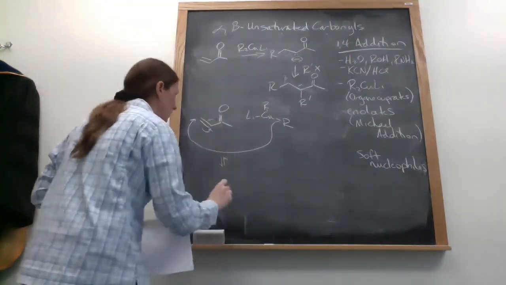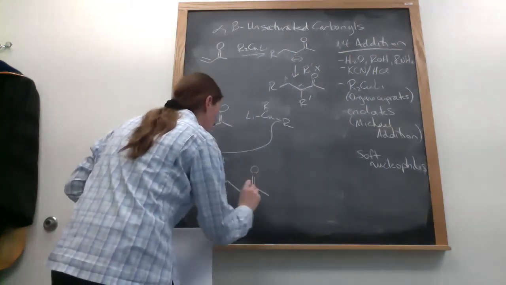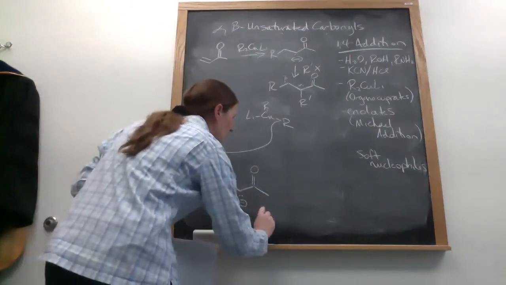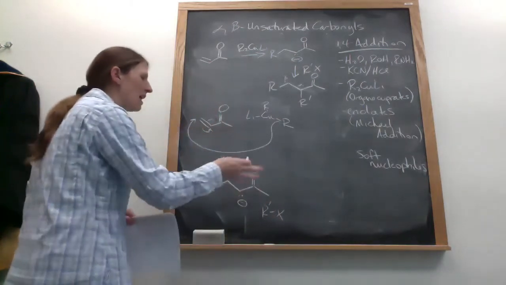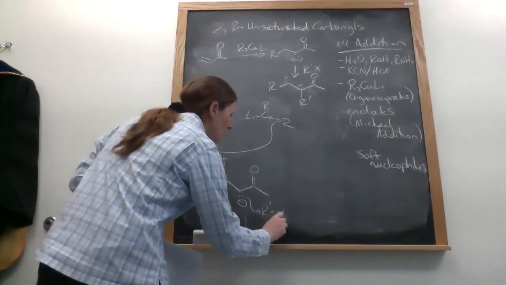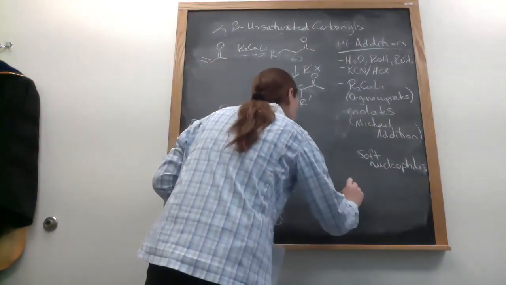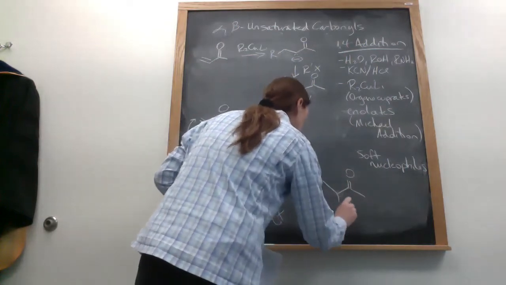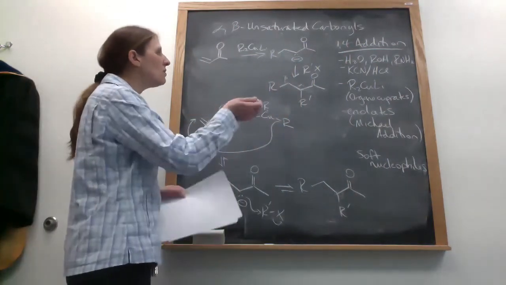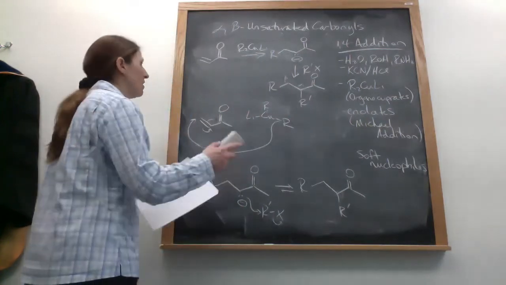If I draw this way, that's going to generate the enolate here. Again, this is SN2, so now if I add in a good SN2 substrate, thinking about the limitations for SN2, I can get to here. So organocuprates are used to add 1,4 to alpha, beta, unsaturated carbonyls.